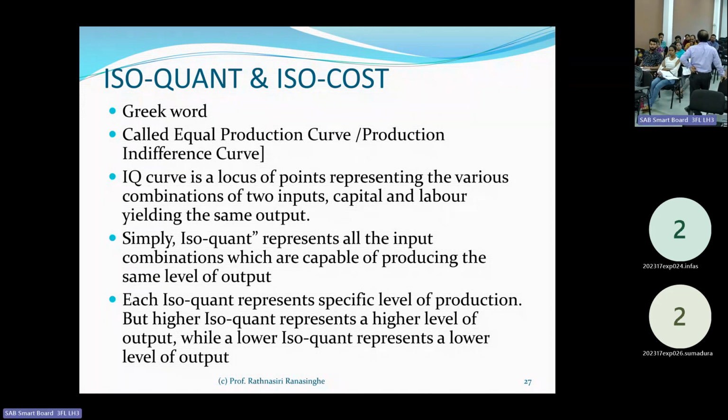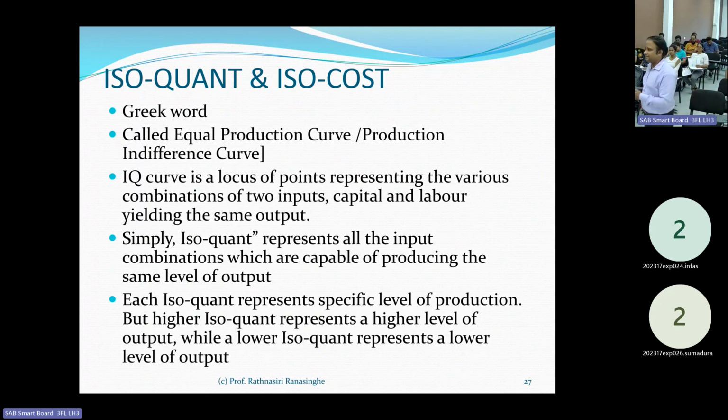It is the expenditure. When there is unitary elastic demand, we get a rectangular hyperbola demand curve. That means price into quantity is equal, so that's why we get the rectangular hyperbola. Here also, a similar rectangular hyperbola, because you multiply the price by the capital and the labor combination. So on the curve we get the same level of output.